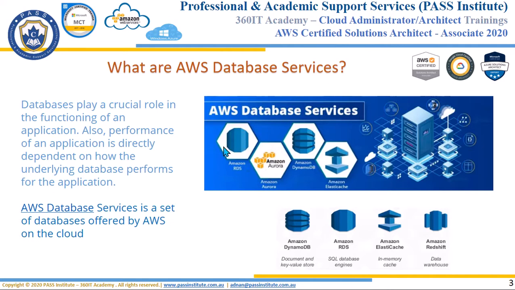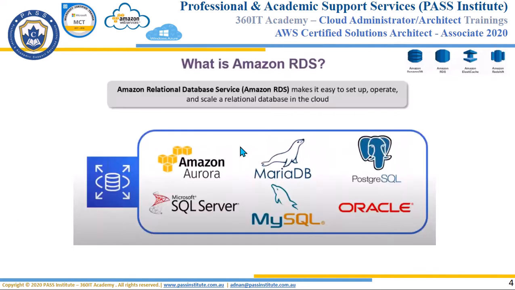In this video, I'm going to go into more detail about RDS. RDS is the Amazon relational database system, as we already said. It is used for structured data and makes it easy to set up, operate, and scale relational databases in the cloud. There are different types of databases that can be configured in Amazon: Amazon Aurora, MariaDB, PostgreSQL, SQL Server from Microsoft, MySQL, and Oracle.